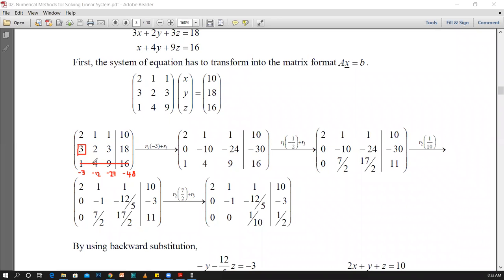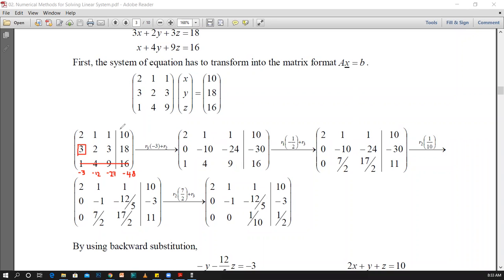But you cannot just omit this row 3, because it will be needed for further calculation. Therefore, first of all, we are going to multiply row 3 with minus 3, and then those values are added to row number 2. Here you can see that row number 3 is multiplied with minus 3 and those values were added to row number 2.